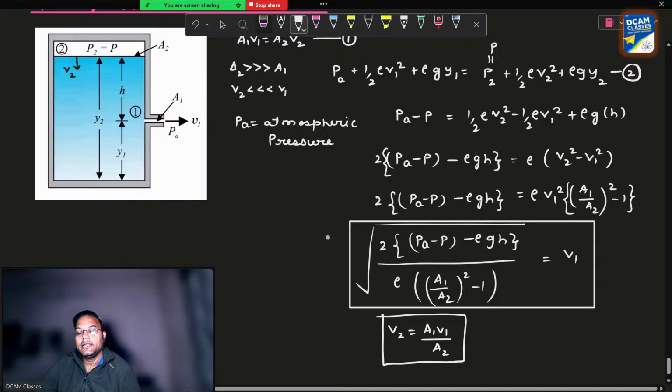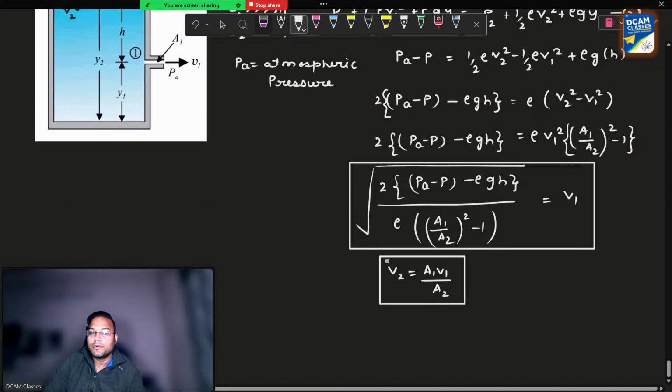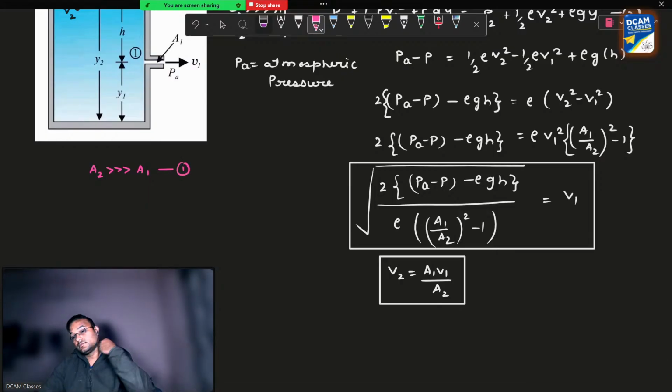But in reality, we do not use this expression. Why? We make some approximations. I said A2 is very much greater than A1. This is the first one. So in the denominator, A1 by A2 will approximately become equal to 0.